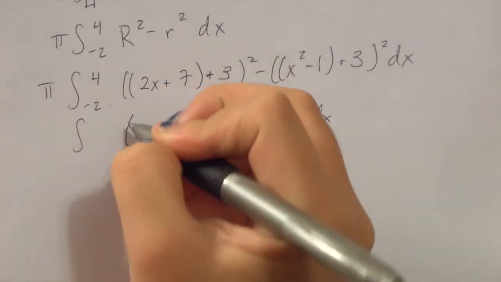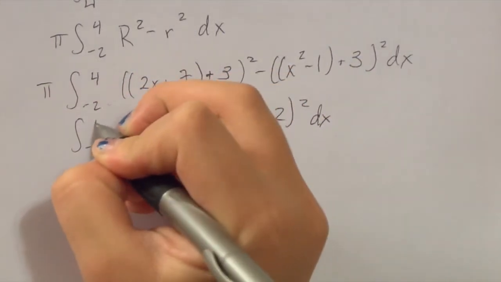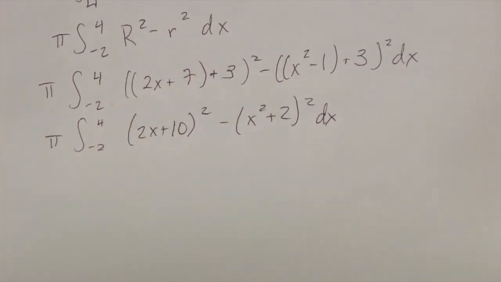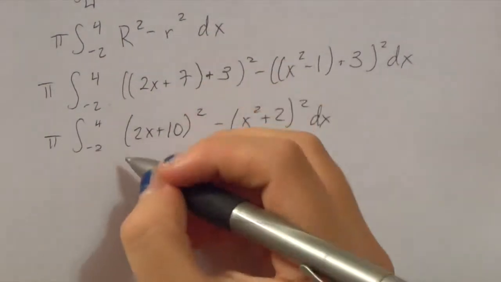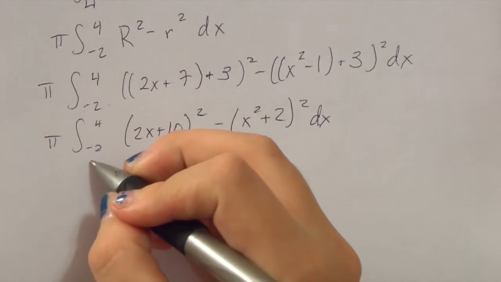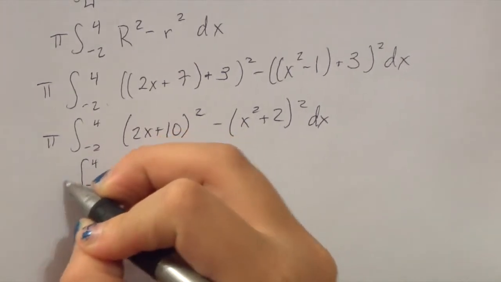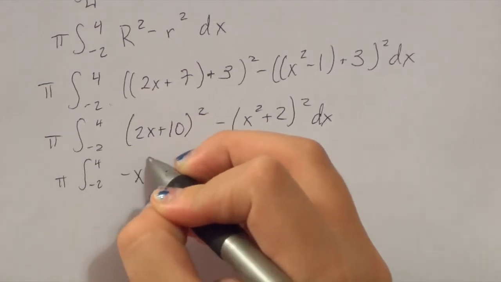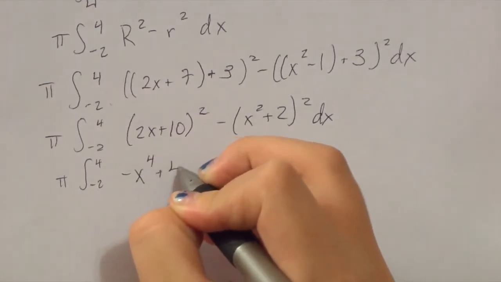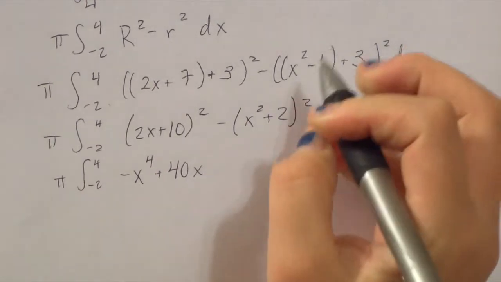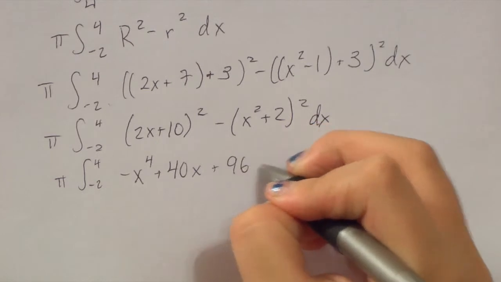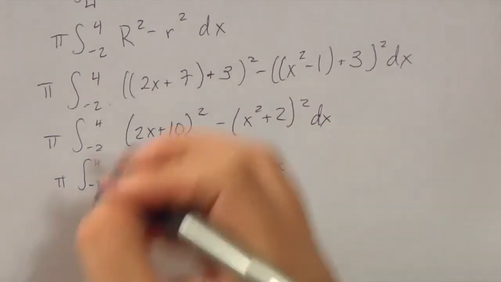And it's still in the integral, so negative 2 to 4, all times pi. Now we can factor it out, which will make it even easier to find the antiderivative. Once it's all factored, this will be the function: negative x to the 4th plus 40x plus 96 all dx.